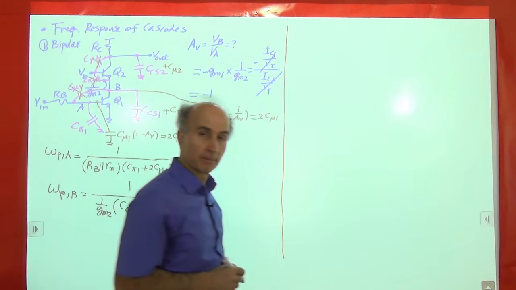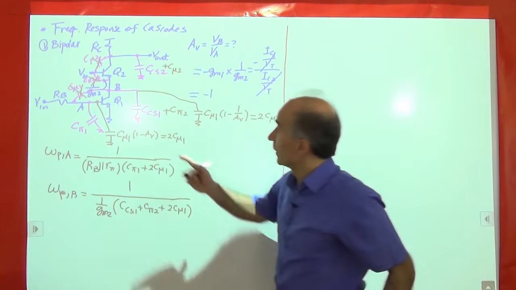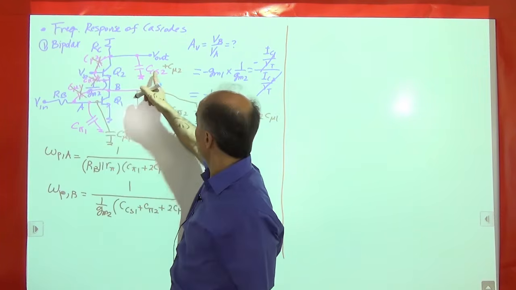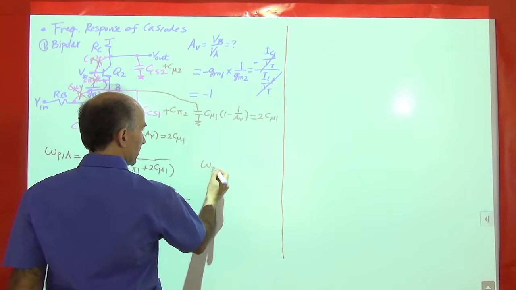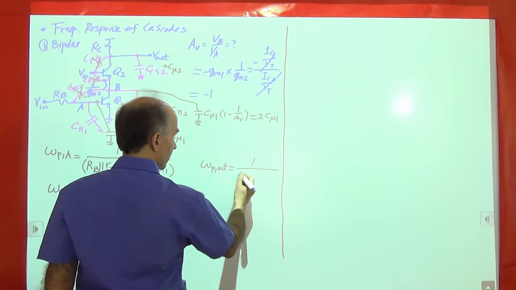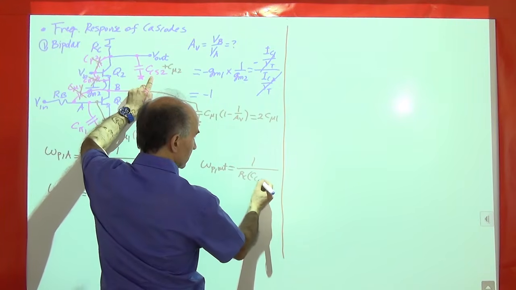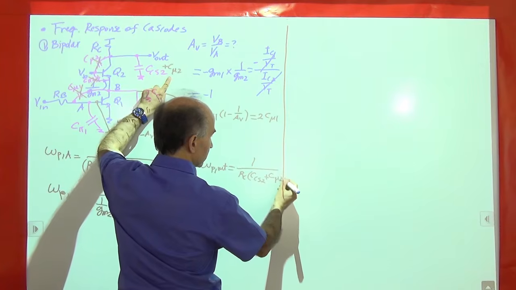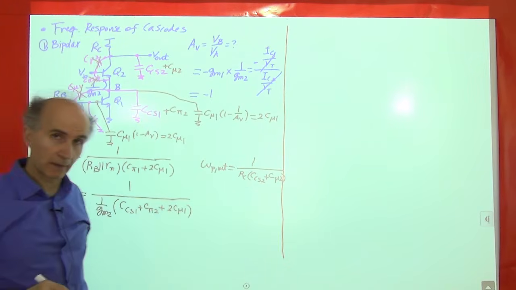All right. And finally, the output node. At the output node, I have a resistance of RC, and the capacitance is just these two. So I can say omega P out is equal to 1 over RC times CCS2 plus C mu 2. So that is the output pole.